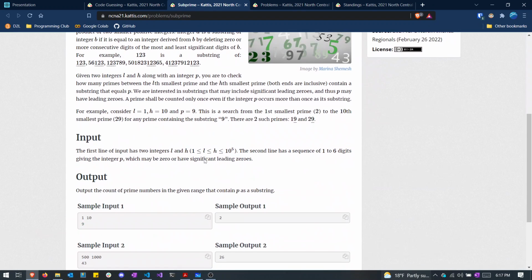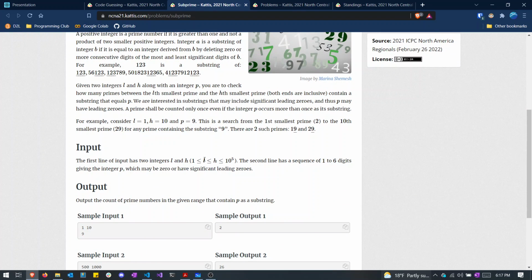The big fun part with this problem is that there are up to 10 to the 5 primes. That's the index of the biggest prime number, so the actual number is significantly larger than that. Conveniently though, mathematicians are very smart and they've developed algorithms to find all of the prime numbers.